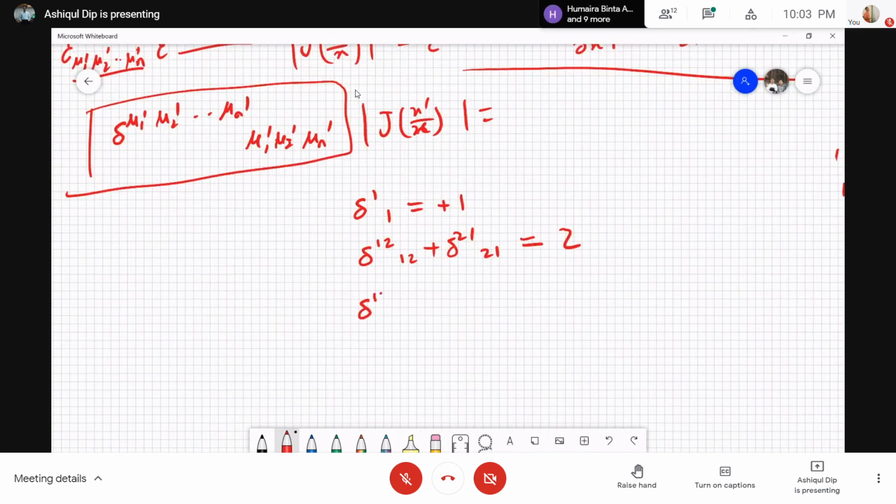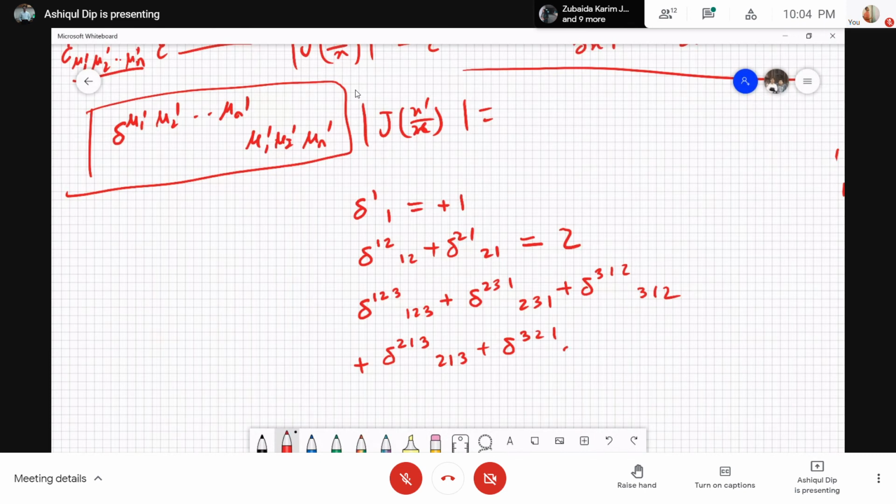So what happens in 3 dimensions? One possibility is Kronecker delta 1 2 3 1 2 3 plus Kronecker delta 2 3 1 2 3 1 plus Kronecker delta 3 1 2 3 1 2 plus Kronecker delta 2 1 3 2 1 3 plus Kronecker delta 3 2 1 3 2 1 plus Kronecker delta 1 3 2 1 3 2. So for n equal 3, this is 3 factorial, which is 6.